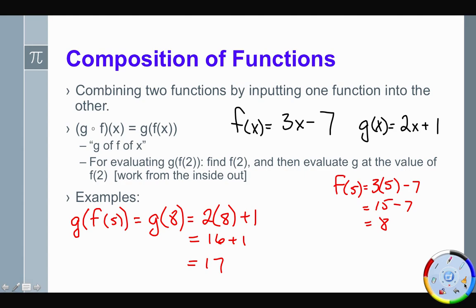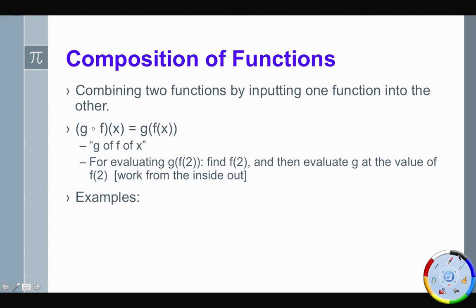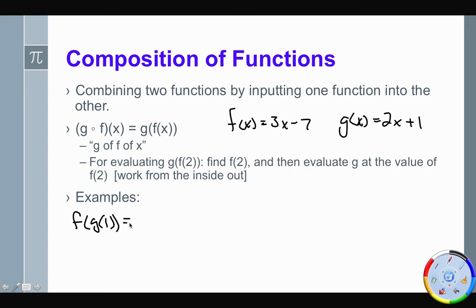All right. This can work in either direction. We could also do things like f of g of 1, which means now we have to look at g being the inside function, so we need to do what is g of 1.